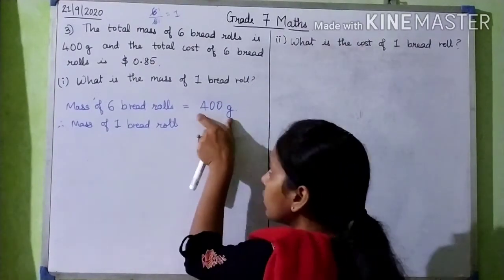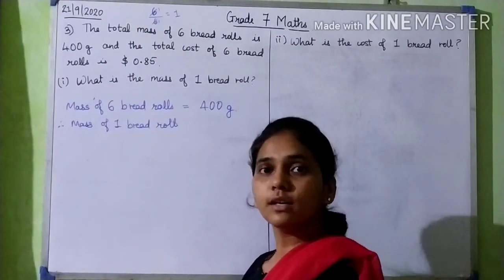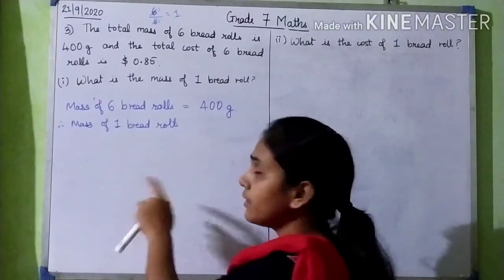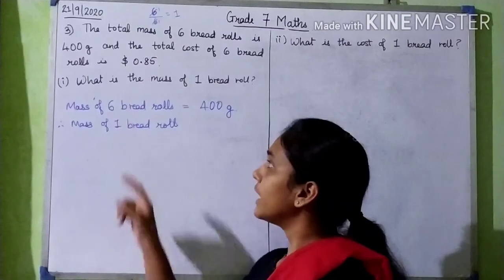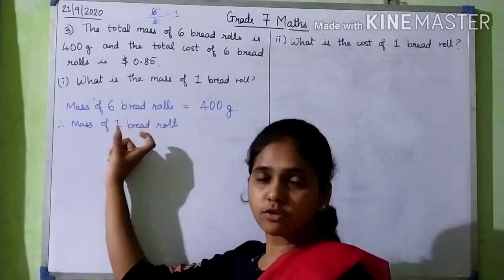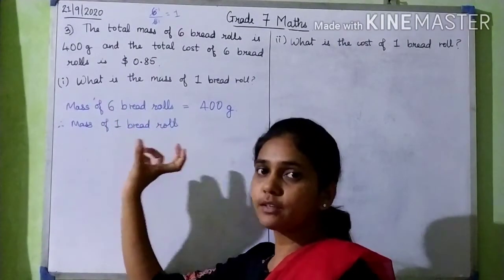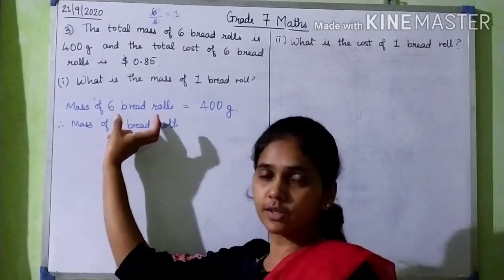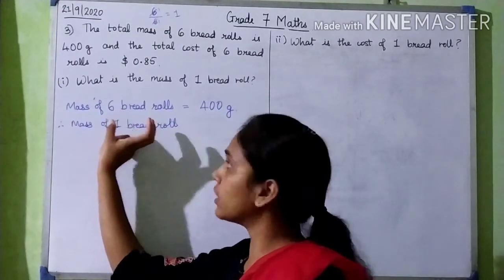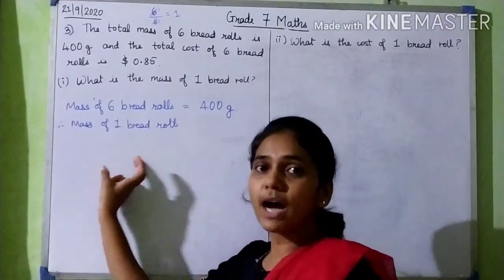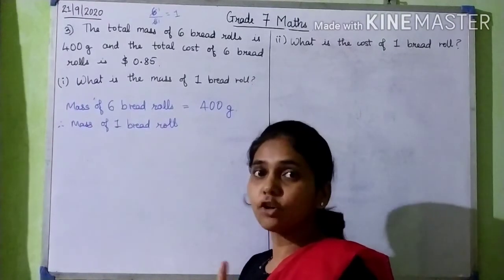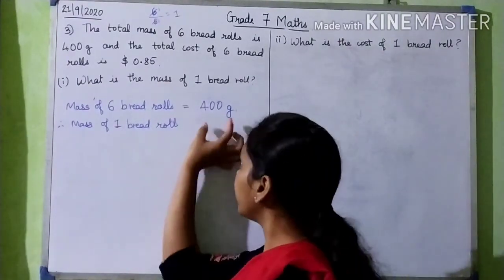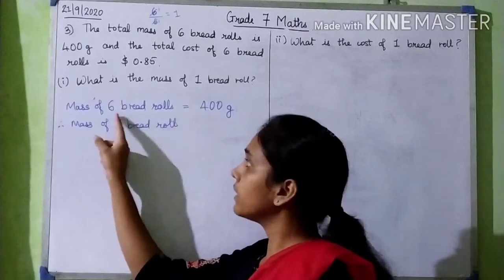So here also this number we will have to divide by 6. Or in simple words, if the mass of 6 or 10 or however many is given, and you have to find the mass of one thing, then we divide the given number by this.